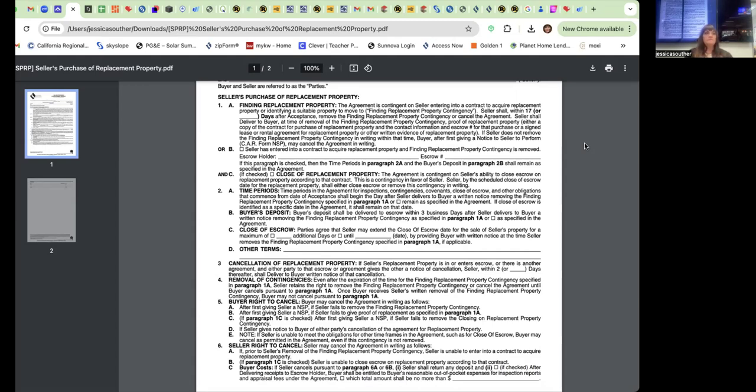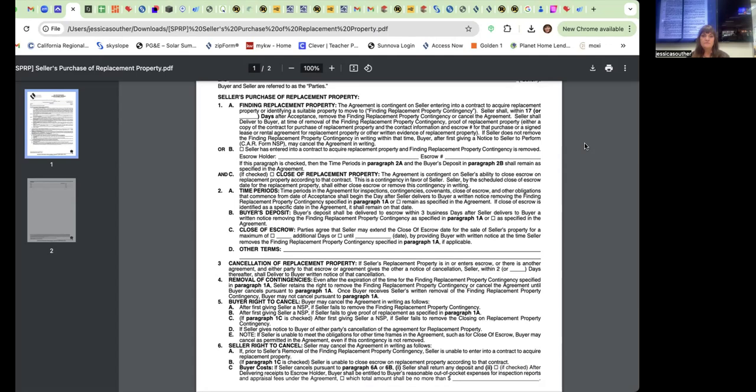Exactly. Now, going back to 2A, I think you used the word all. Well, I see specifically inspections, contingencies, covenants, close of escrow, and other obligations.